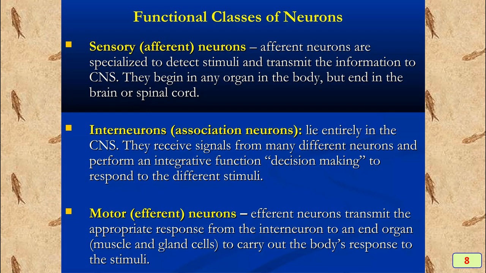There are certain neurons called interneurons, which lie in between. They receive signals from many different neurons and perform an integrative function of decision making to respond to different stimuli.